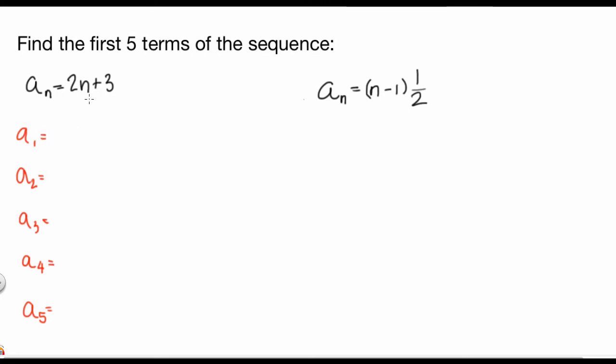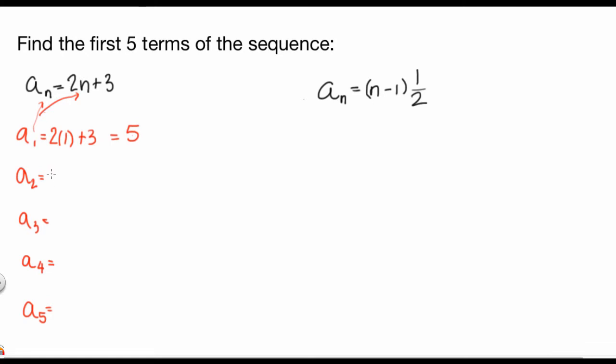Okay. Now, A1. Remember that this reflects the value that n has. So if it's 1, then that's 1. So this means that this is 2 times 1 plus 3. Well, that's just 5. Okay.